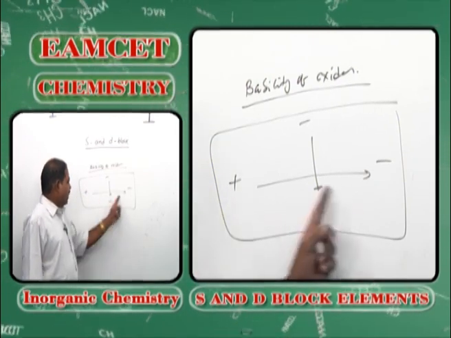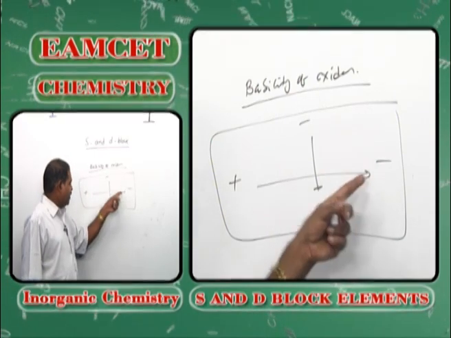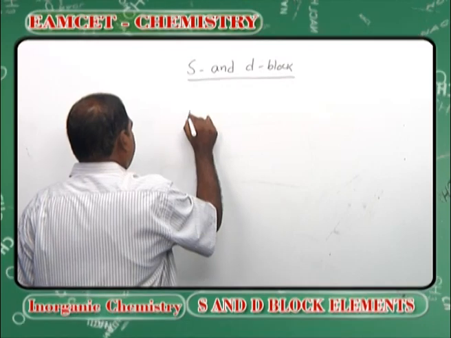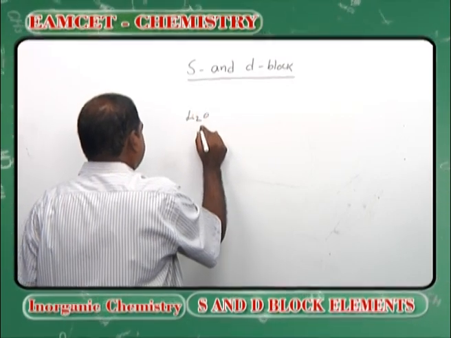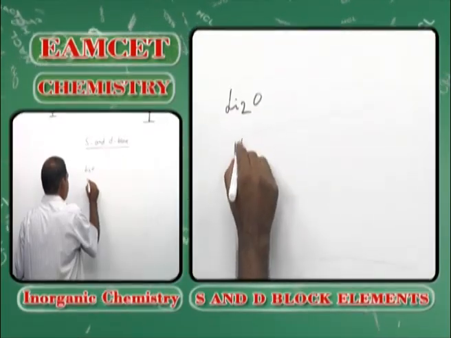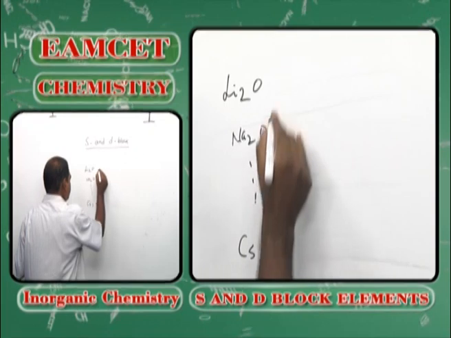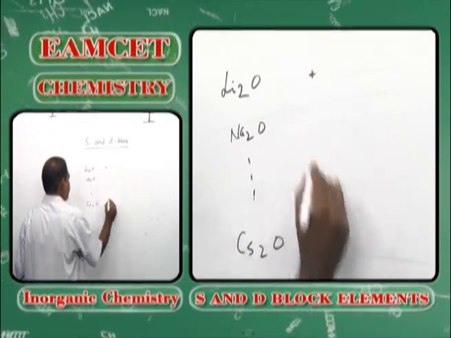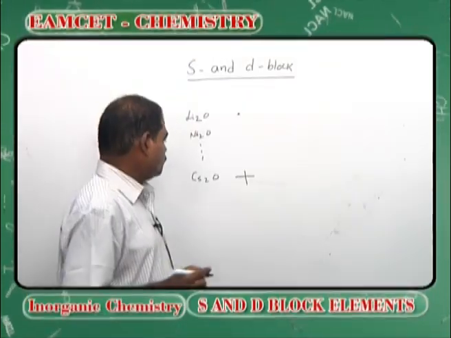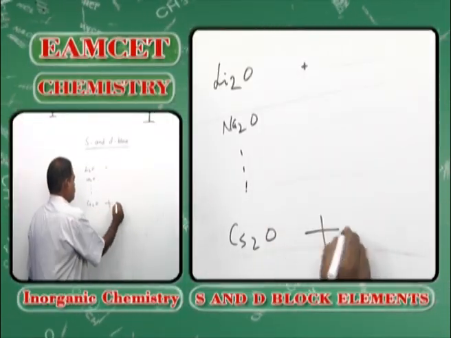So, left to right basicity of oxides decrease, top to bottom increase. Therefore, lithium oxide, sodium oxide, cesium oxide, top to bottom electropositivity increases. Cesium is most electropositive. So, basicity of oxides increase. So, this is most basic.